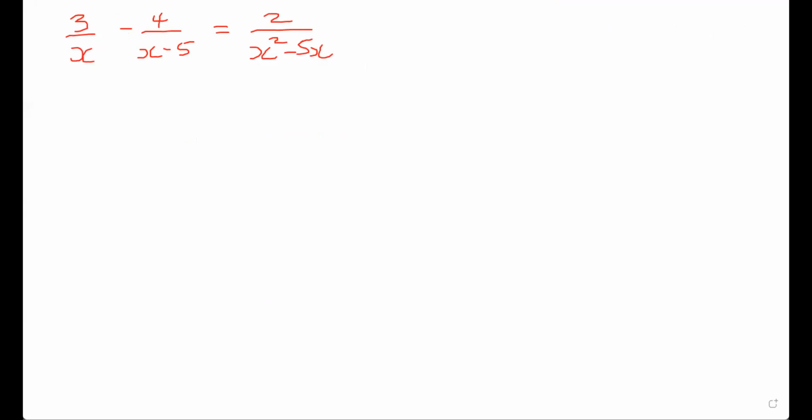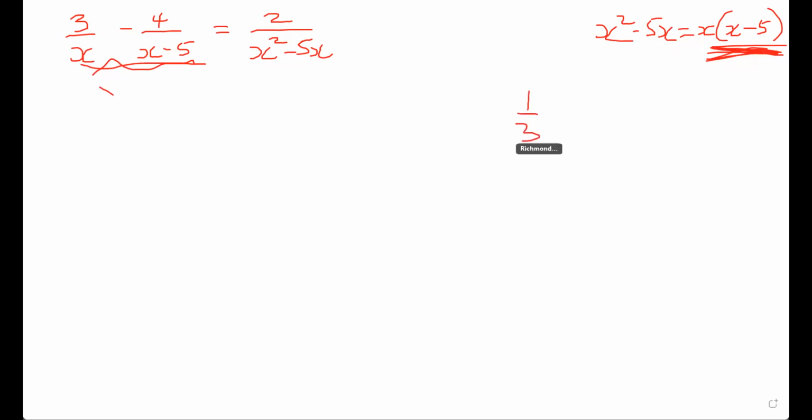Now, first of all, I have to find the LCD. With x squared minus 5x, if I want to factorize it, I have x out, x minus 5. So you would see that I have both of these in here. It's just like if I tell you to find the LCD of this.